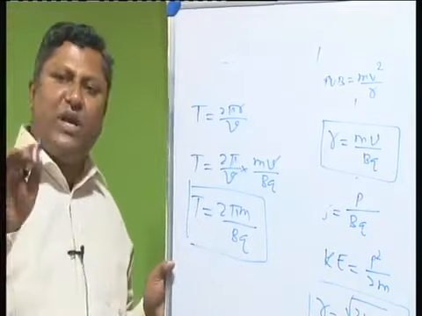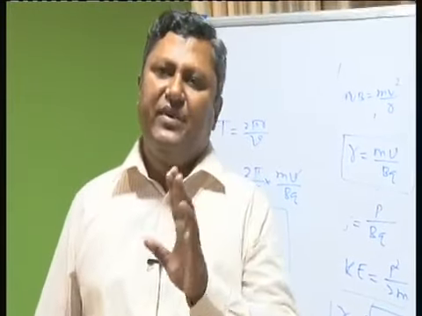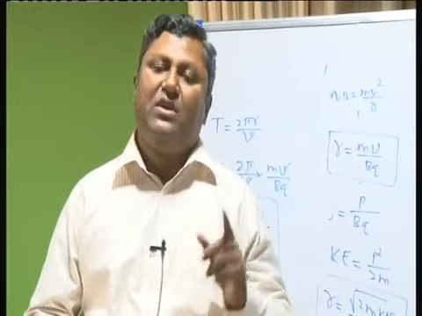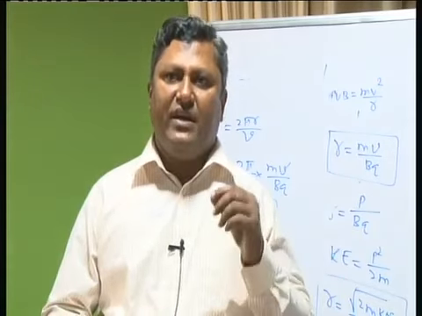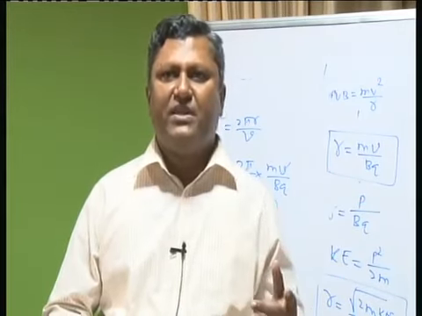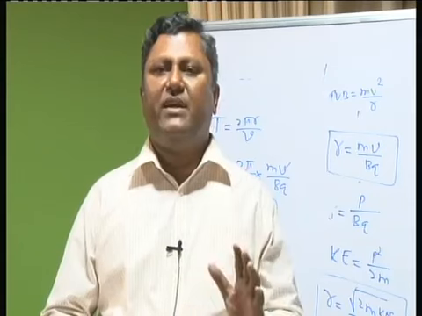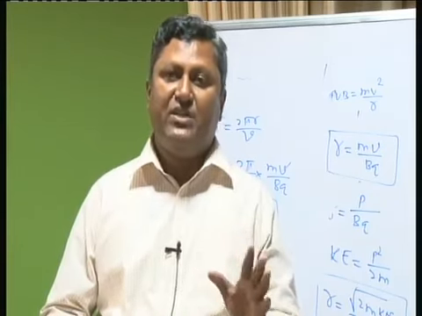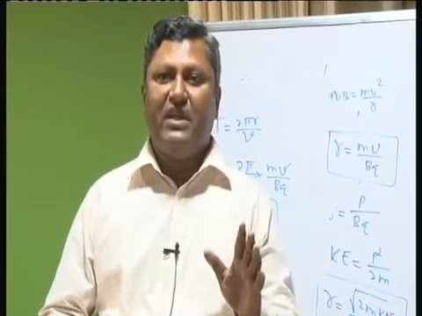So remember students, whenever a charged particle enters a magnetic field, the magnetic field can change only direction. Therefore kinetic energy remains constant because it is a scalar and does not depend upon direction, but momentum changes. Kinetic energy remains constant, momentum changes, and work done by the magnetic force is always equal to 0. Work done by the electric field is not 0, but work done by the magnetic field is always 0.